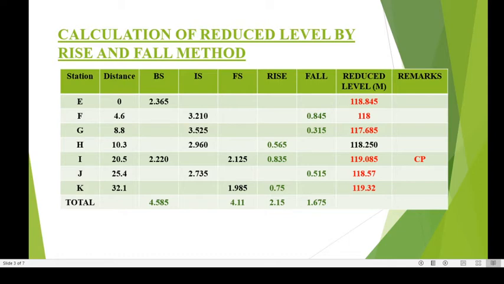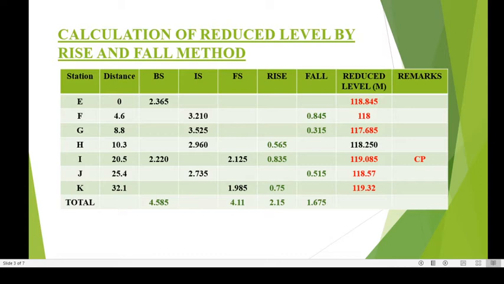Next, to calculate the reduced level of station F, we will subtract 0.315 from 117.685. As 0.315 is a negative value, it will add up and it will result in 118, which is the reduced level of station F.